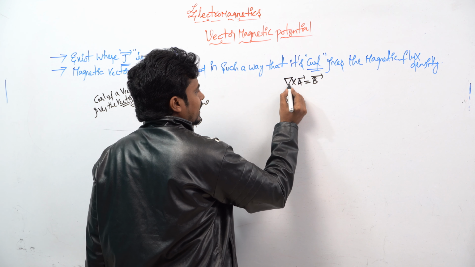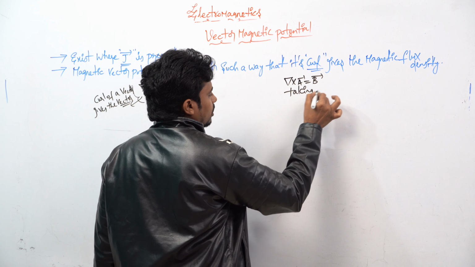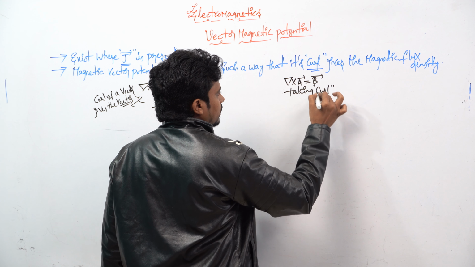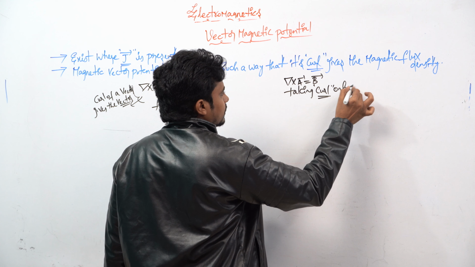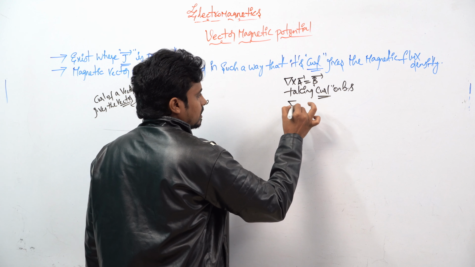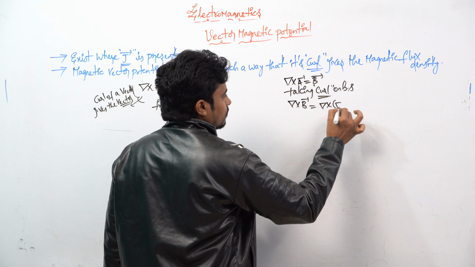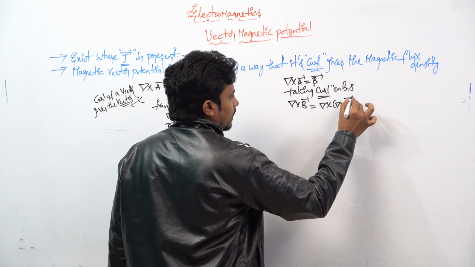If you take the curl on both sides, taking curl on both sides, this becomes del cross B bar equal to del cross of del cross A bar.